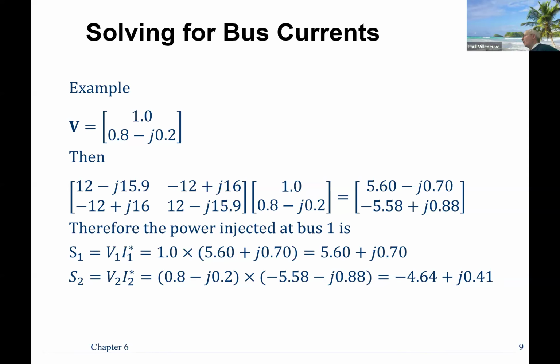So if we invert our Y-bus, so this here is V, Y. That's our I matrix. Then we can calculate from here the power injected just by using our combined approach using Y-bus. We have an S1 and an S2 there.